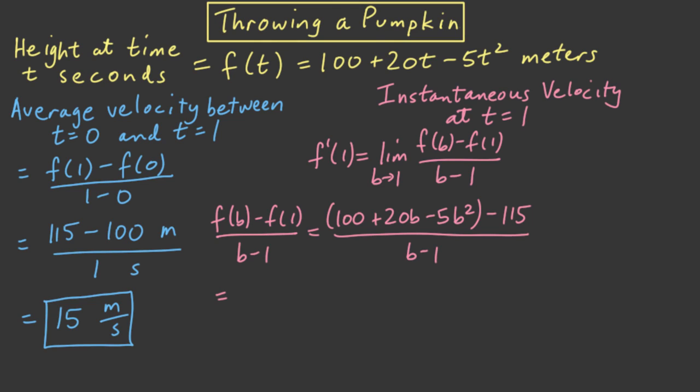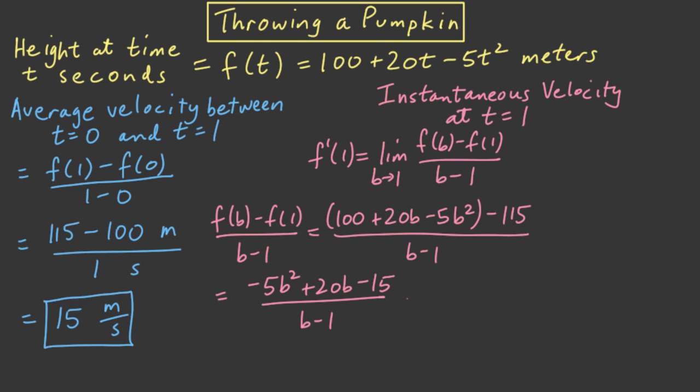And simplifying a little bit, on the top, we're going to have minus 5b squared plus 20b minus 15 divided by b minus 1. Now remember that we want the limit as b approaches 1, but if we leave it in this form, then our numerator is going to be going to 0 as b approaches 1, and our denominator is also going to be going to 0. So that's not going to be good enough.